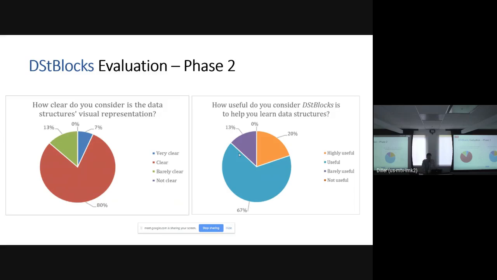When it comes to the self-perceptions, this is something that I want to present, because sometimes we forget that when we build technology, there is a user, there is somebody behind it. And it is interesting to see that it is not only kids who tell us, yeah, I like block programming, I like the figures, I like the geometry, I like the colors, but that we have CS students who have already experienced programming languages telling us, yes, I find it highly useful to use technology like DStBlocks to learn data structures.